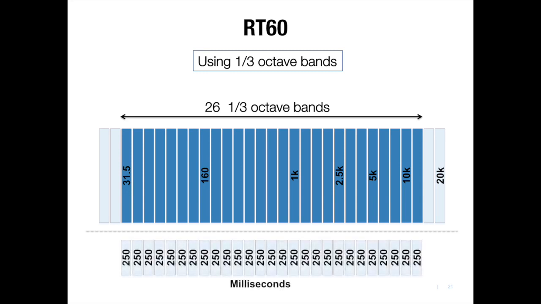To achieve an acceptable RT60 for this room, we're going to work to have this range display approximately the same decay times, meaning that no 1/3 octave is going to be 500 milliseconds and everything around it is going to be 250. That's a little bit extreme, but it's the best example I could come up with off the top of my head.